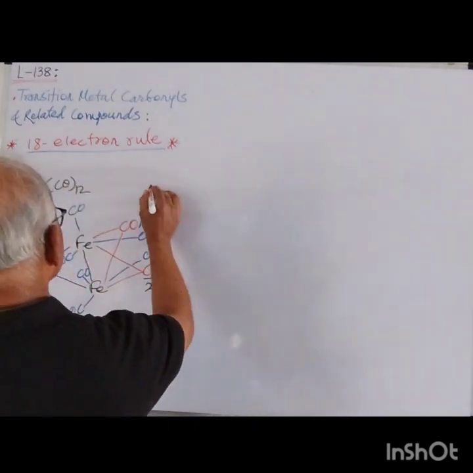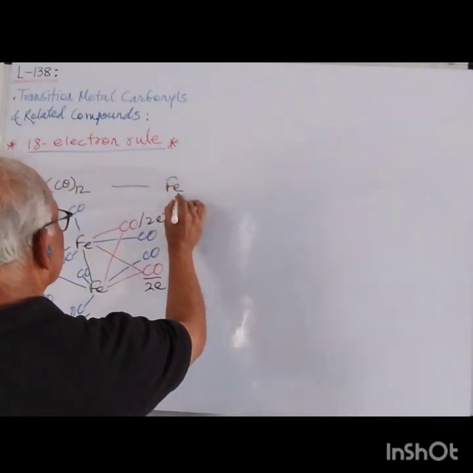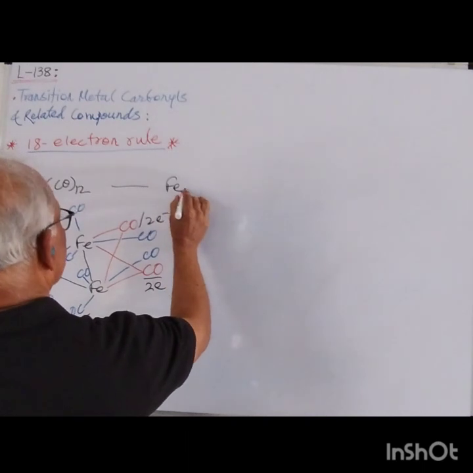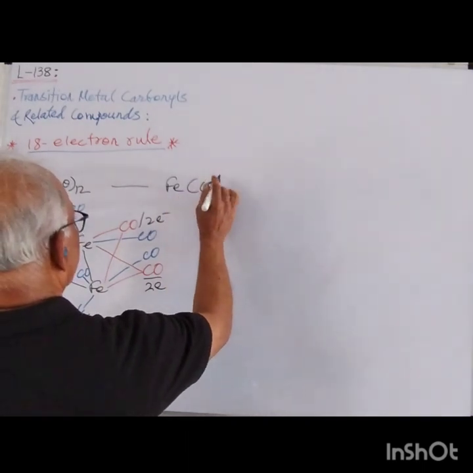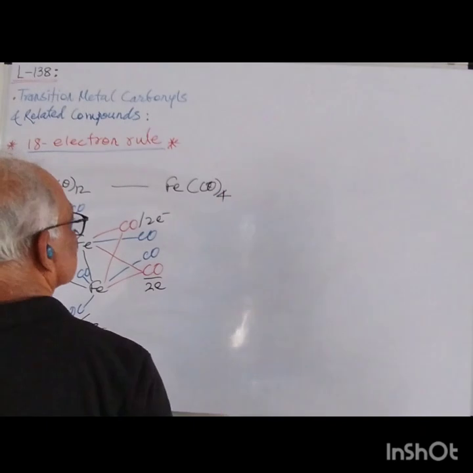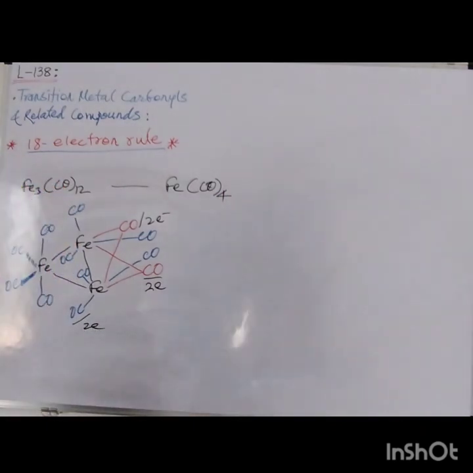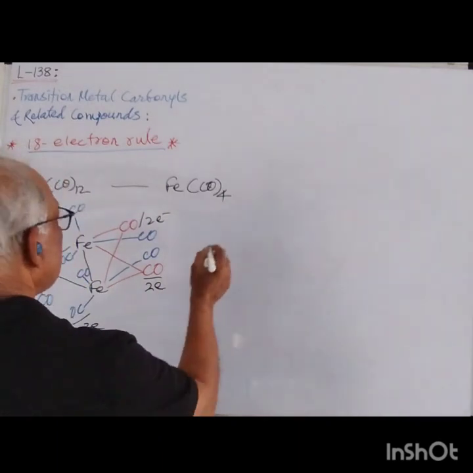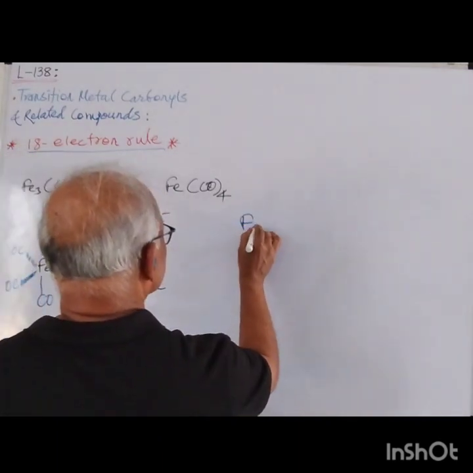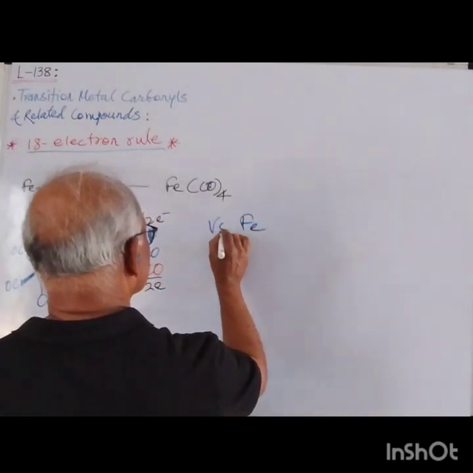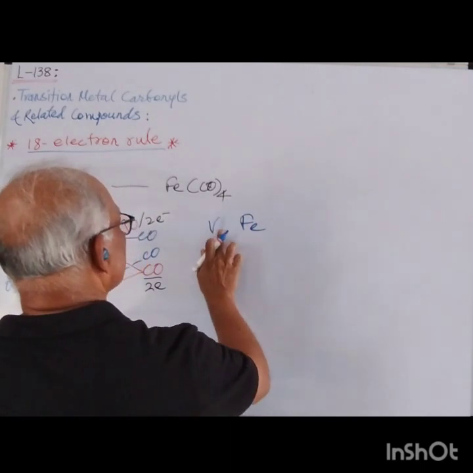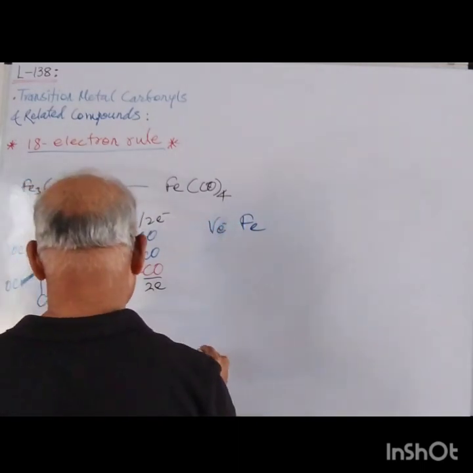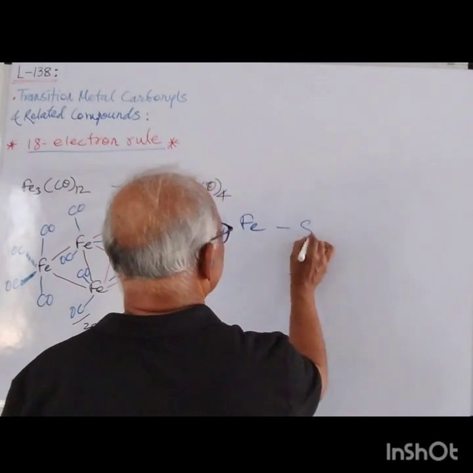So for each Fe there are 4 COs. From this we can get the valence electrons of Fe, which are 8.